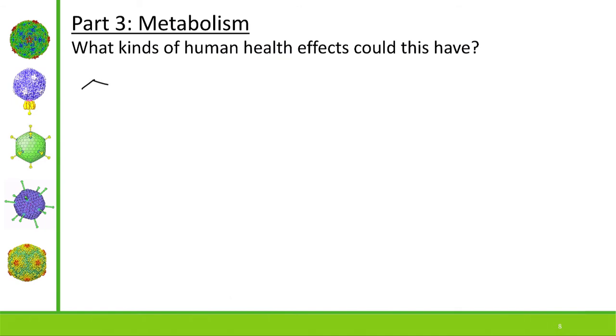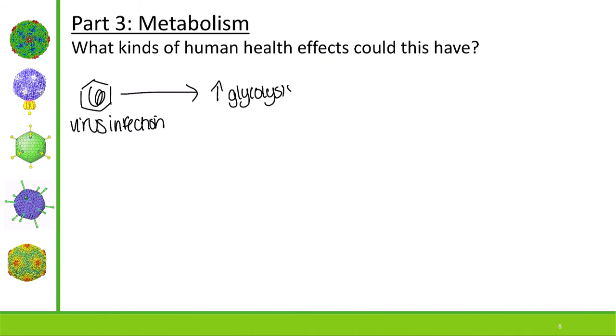So let's start with a virus. We are going to begin with a virus infection. When that virus infects the host, it's going to increase glycolysis. And of course, the increase in glycolysis is, from the viral perspective, a benefit to them, so it's definitely a selfish thing.